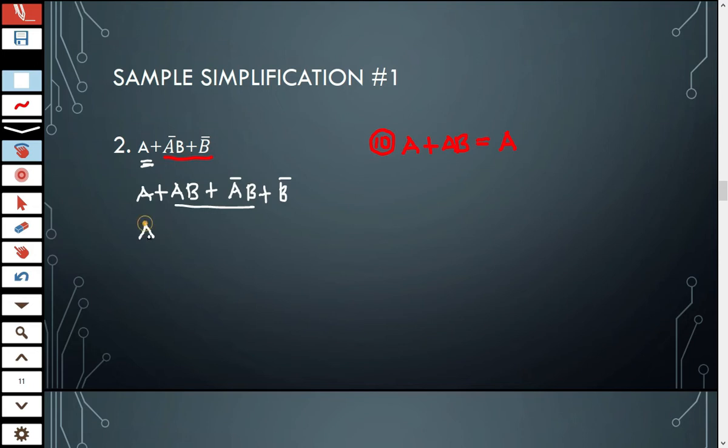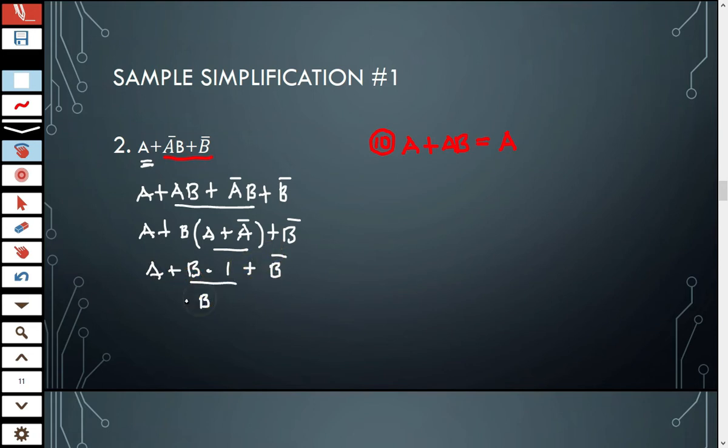So we will get A plus, the common term is B, so we will put that outside the parentheses. And what is left inside are just A plus not A, then plus not B. And then this turns out to become 1. So B times 1 plus A plus not B. So this becomes B plus A and then plus not B. So B plus not B, this becomes 1.